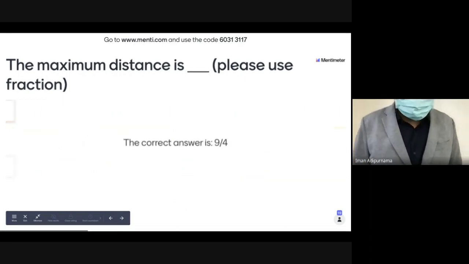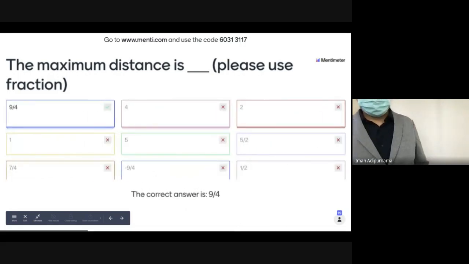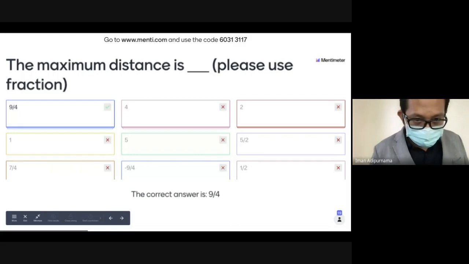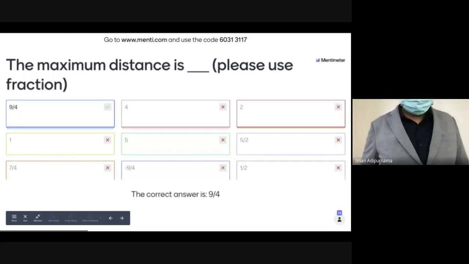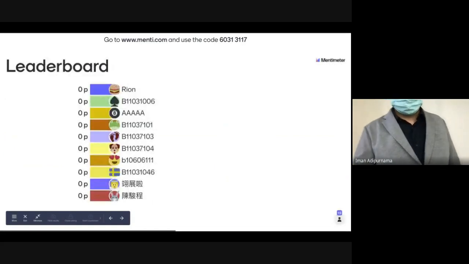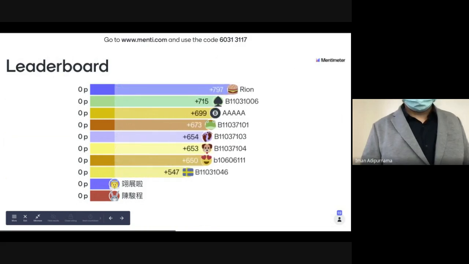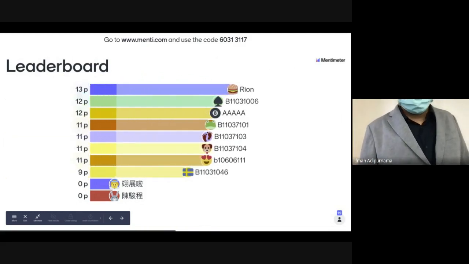Remember, it should be positive, right? Because it's about distance. The sum is getting -9/4. Okay, good. Rion, very good.